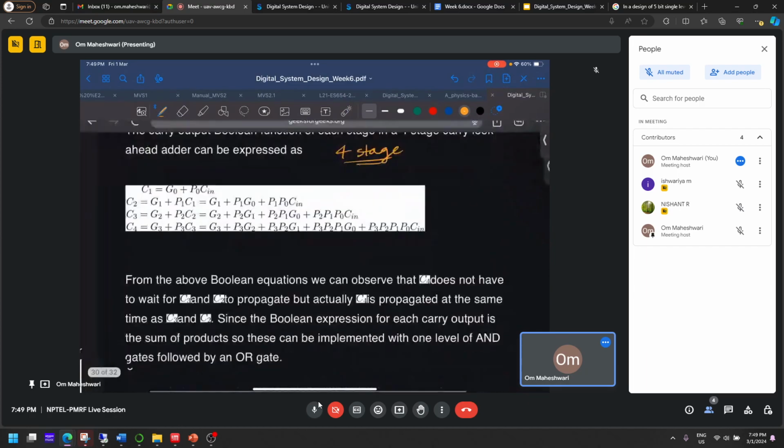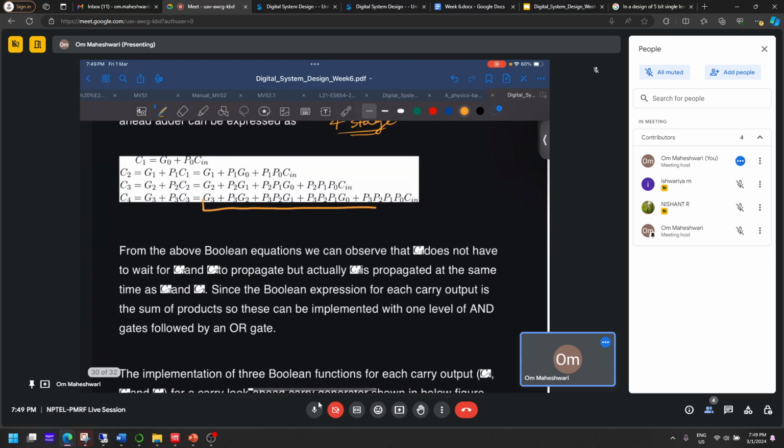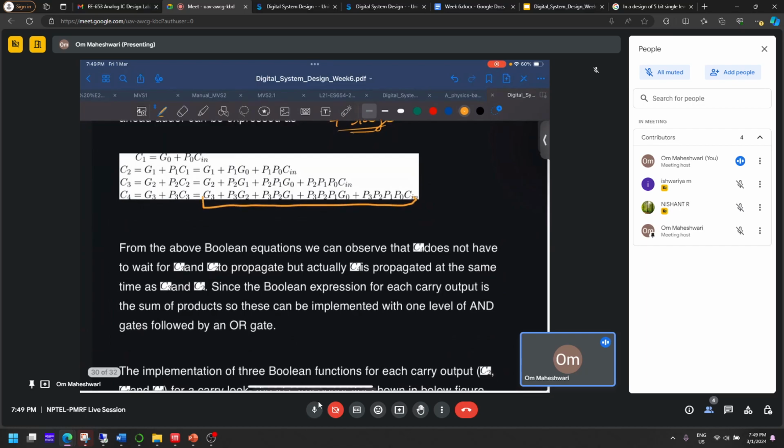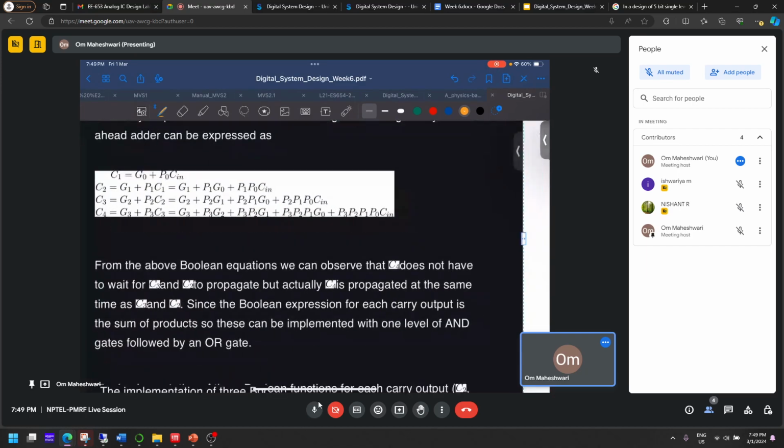Right? Now if you see the number of operands here in the AND and in the OR gate, so 1, 2, 3, and 3, 4 and 5 itself, right?